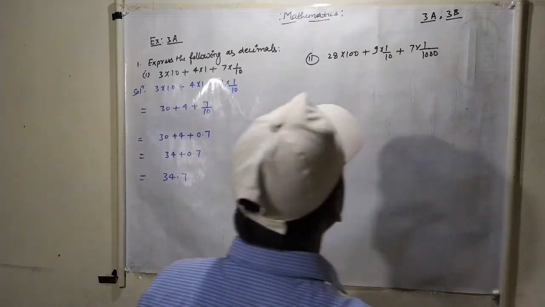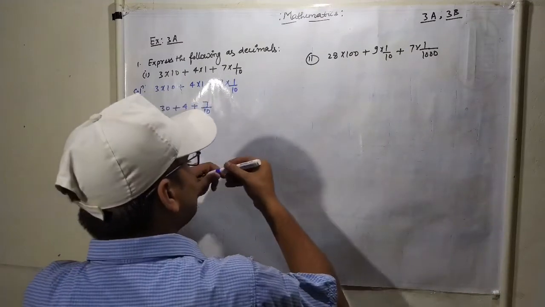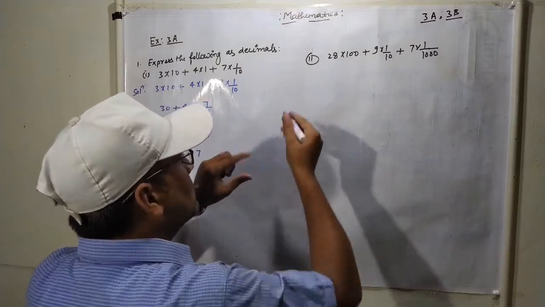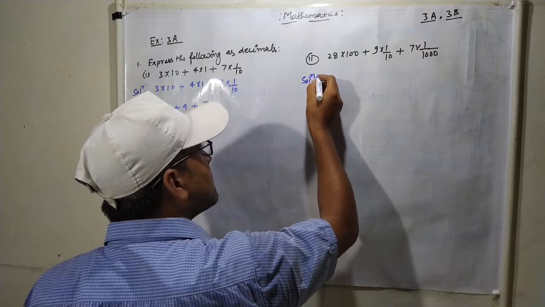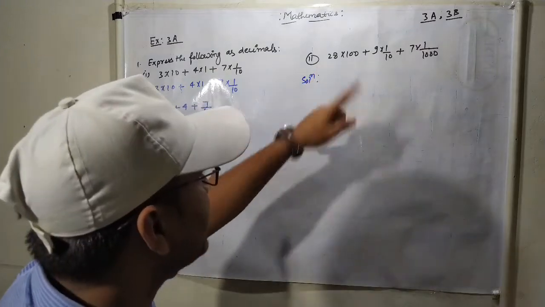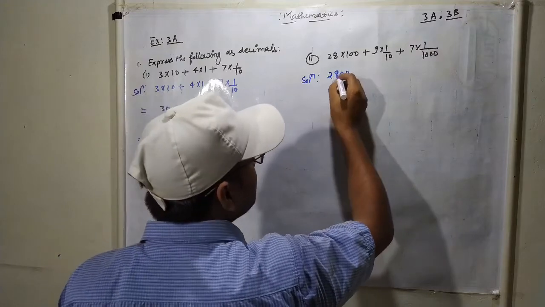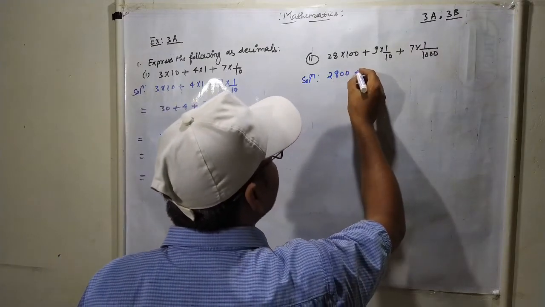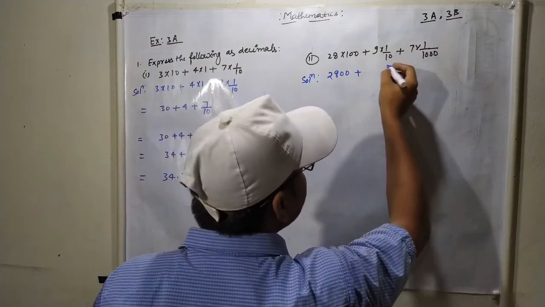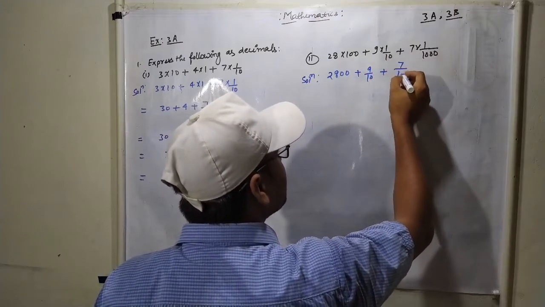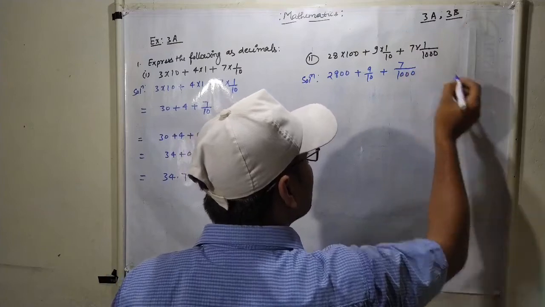Now the second one, question number two, solution. Question is 28 multiplied by 100. This is the 100 place. So 2800 plus 9 multiplied by 9 upon 10 and plus 7 multiplied by 1, you get 7 upon 1000.